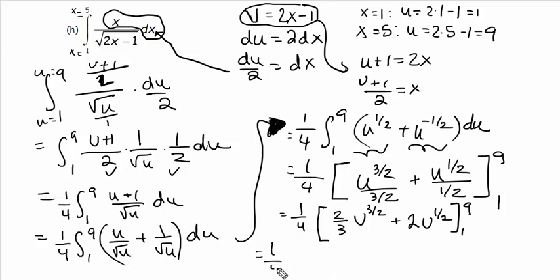Then I'm going to substitute in the 9, so 2/3. And this is going to be really a lot, so I have to keep the 1/4 out in front.